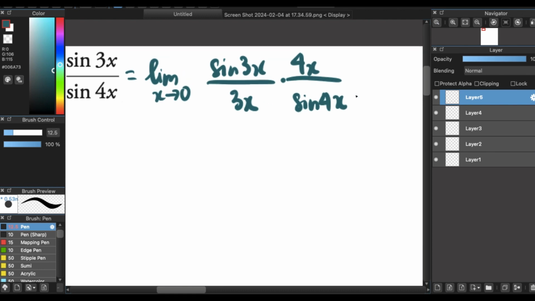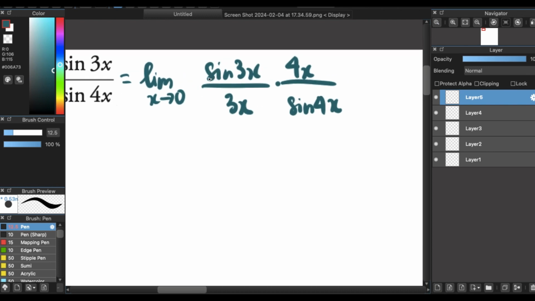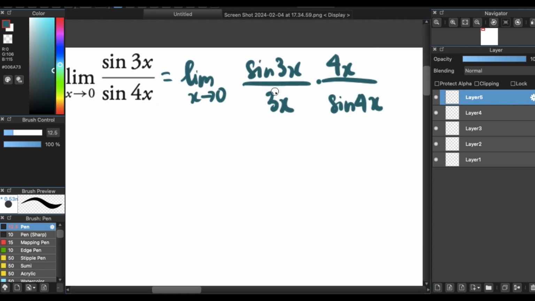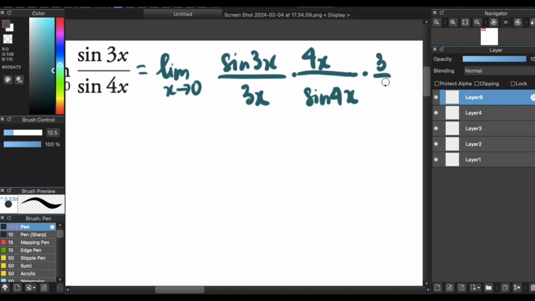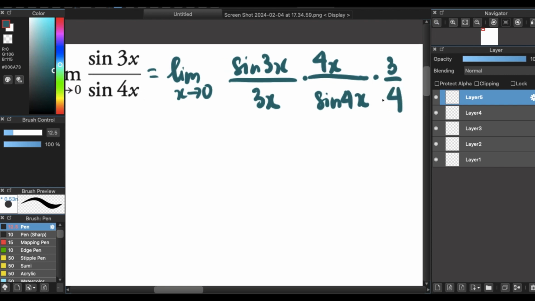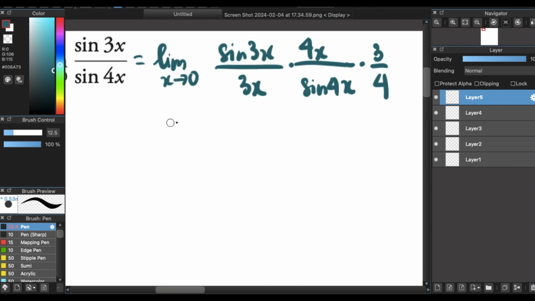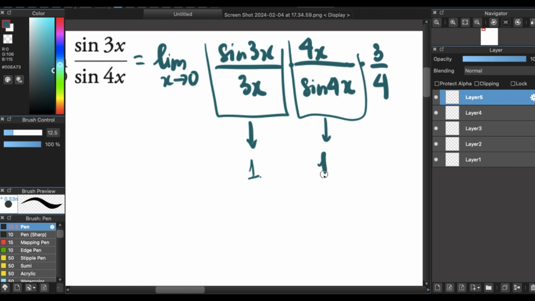And now something's really wrong here. We're going to need to multiply this with 3 over 4. Okay? And now, what do we got? We got this. It's going to be closer to 1, right? This one is approaching 1.